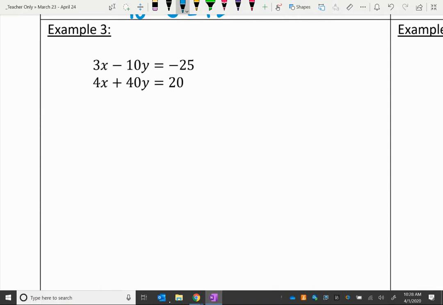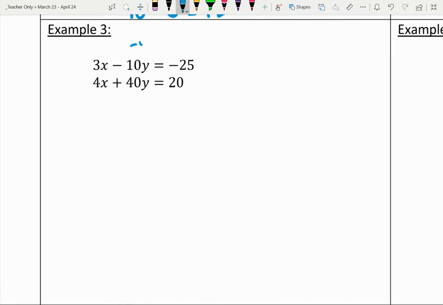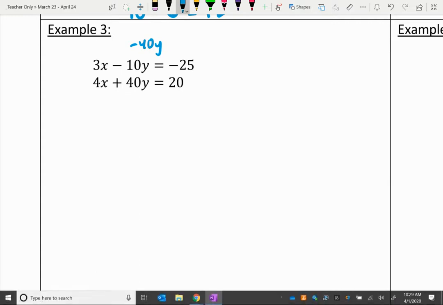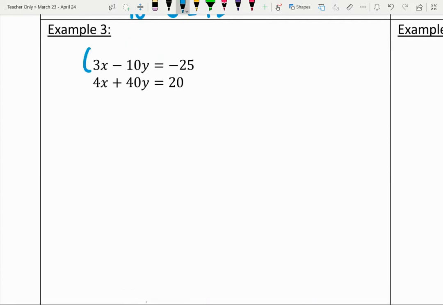Same with the -10 and the 40. But what I could observe is that -10 goes into 40. If this were to be -40y, then I'd have exactly what I need. And so to accomplish that, I'm going to multiply that entire top equation by 4.